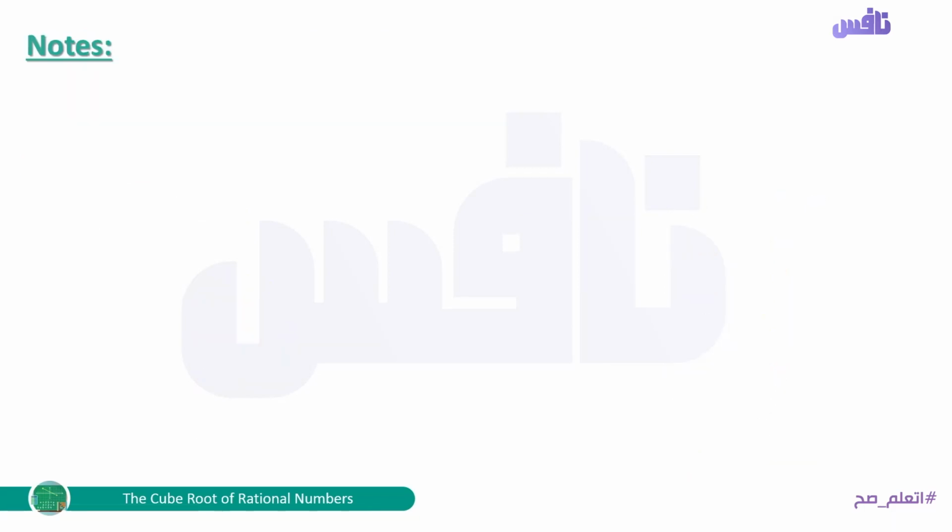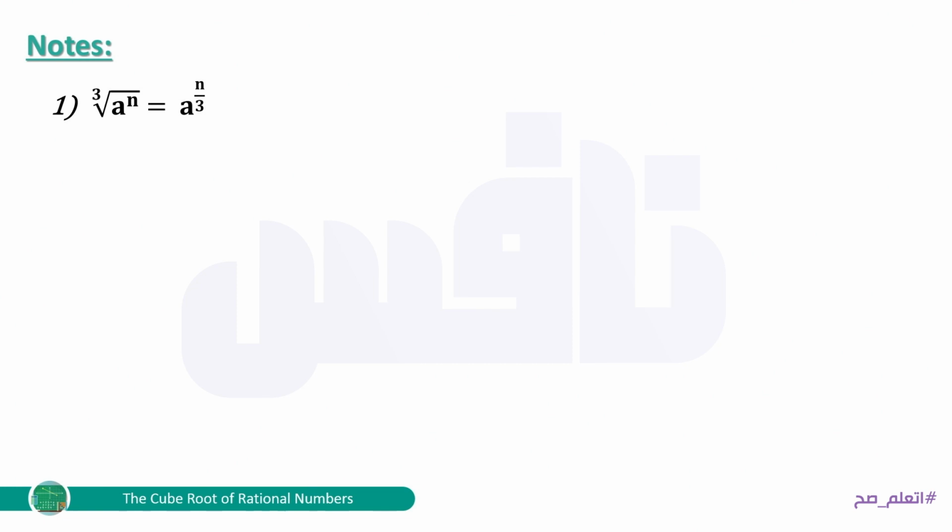We have some notes related to the cubic root. Number 1, if you want to find the cubic root of a letter, like cubic root a power n, we are going to divide the power of a by 3. The answer will be a to the power n over 3.